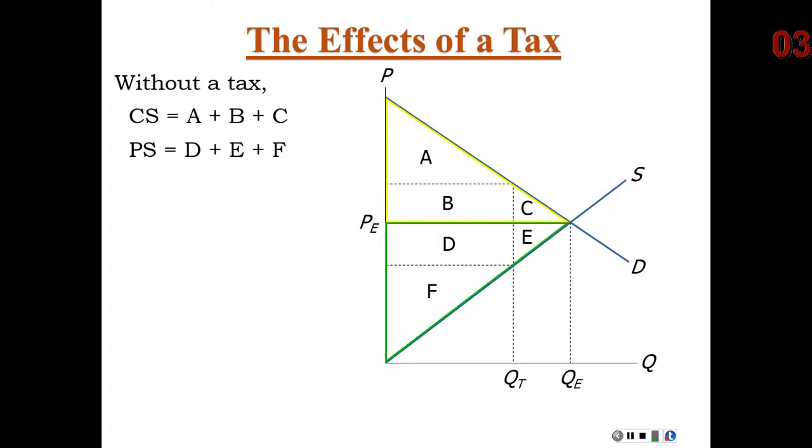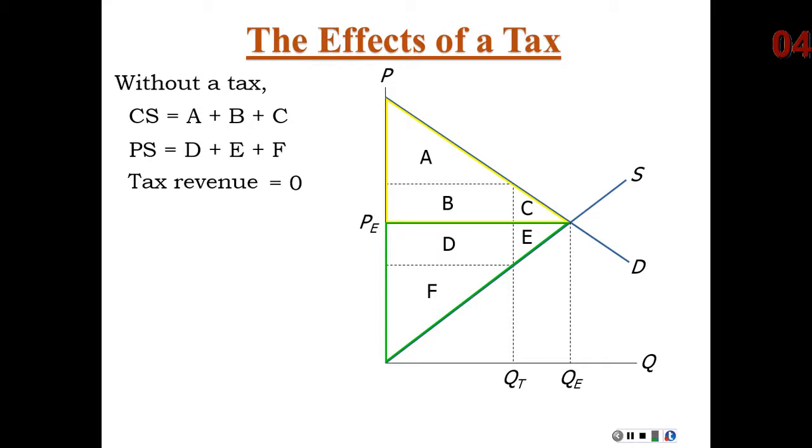Then I would also ask, what would be the letters that represent our tax revenue? Now, if you think tax revenue would be B and D here, I have to remind you that this is the analysis without a tax. So what letters represent the tax revenue without a tax? Obviously no letters, because there is no tax revenue.